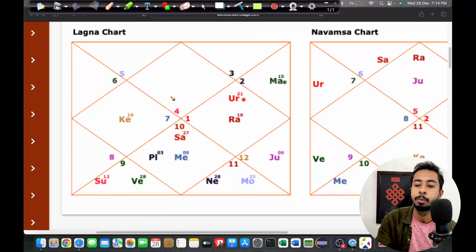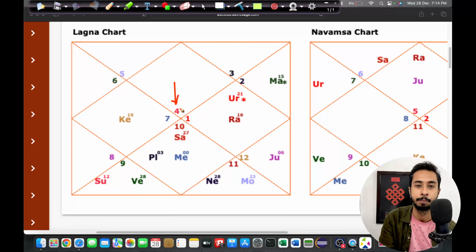Here we have the 4th zodiac sign. I told you in the last video that the order will be maintained, but it does not mean that house number 1 will always have zodiac sign 1. That's not the case. So house number 1 has zodiac sign 4.